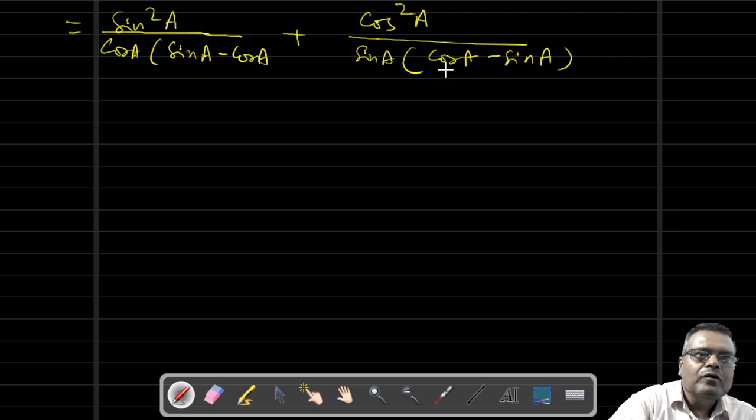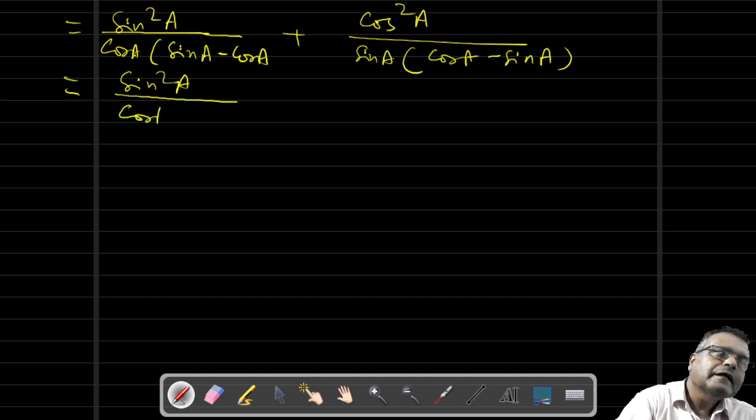Minus you can take common here, then you will get sin A minus cos A. So you will have sin square A divided by cos A into (sin A minus cos A).